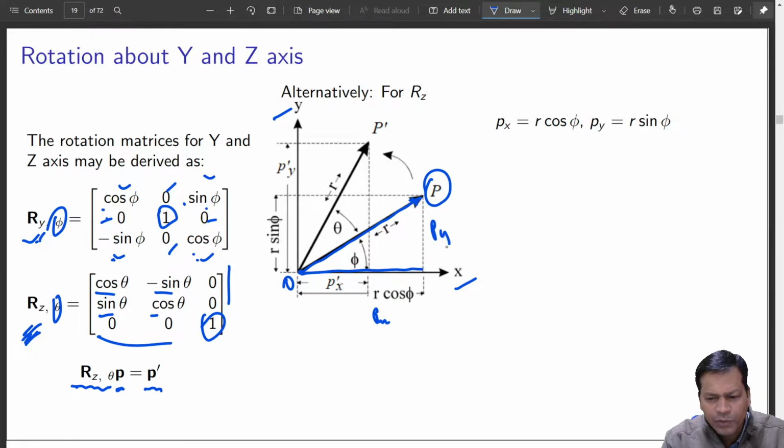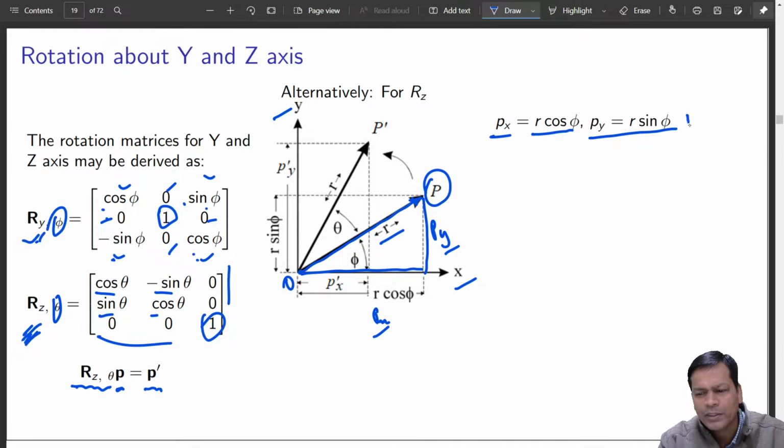Similarly, this is your py from here to here. You all know this, these are basically projections of the OP vector along x and along y. So the magnitude of that will be, if this is r and this is angle phi, px is equal to r cos phi, py is equal to r sin phi. You all know this, this is just by projection.